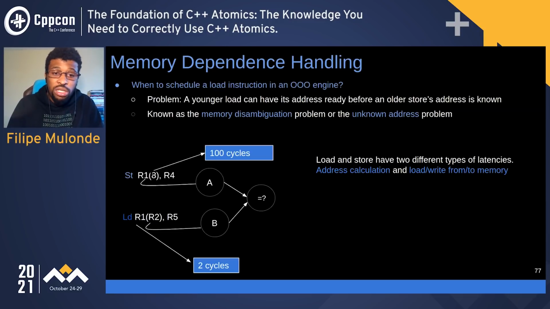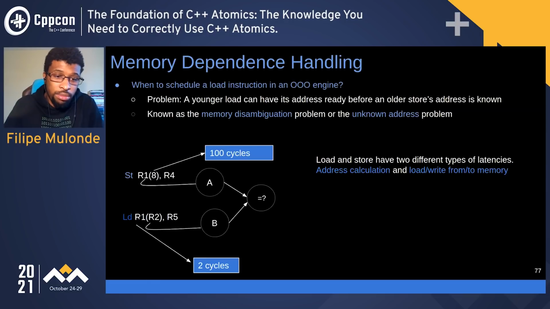For example, the store takes 100 cycles, and the load takes 2 cycles. After 2 cycles, the address of the load instruction is ready, and we can send a request to memory. But we don't know if this load is dependent on the previous store, because the address of the store is not ready yet. Why? Well, because it takes 100 cycles.